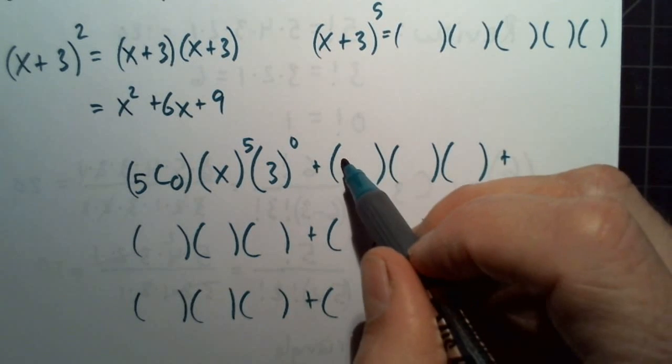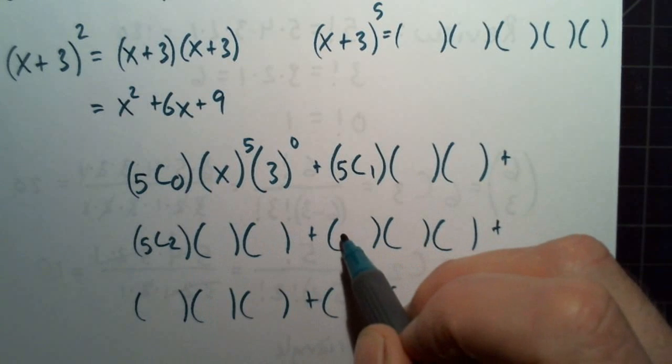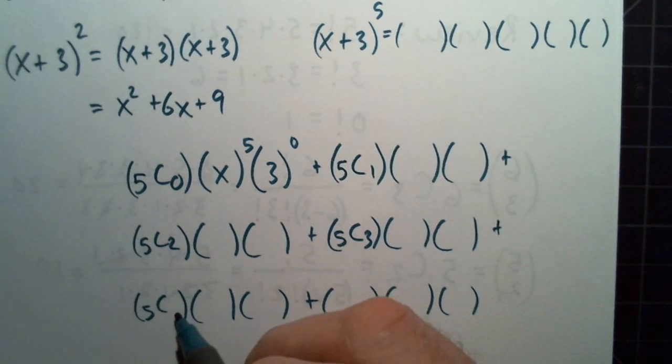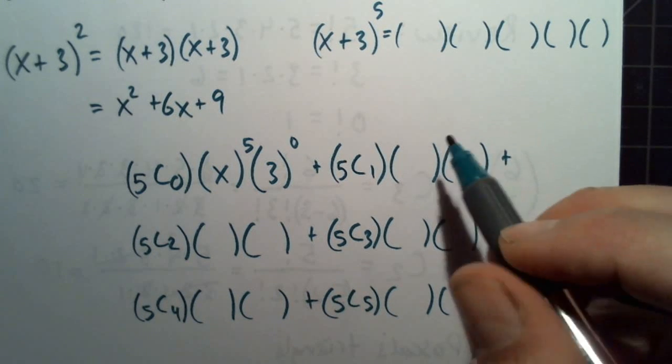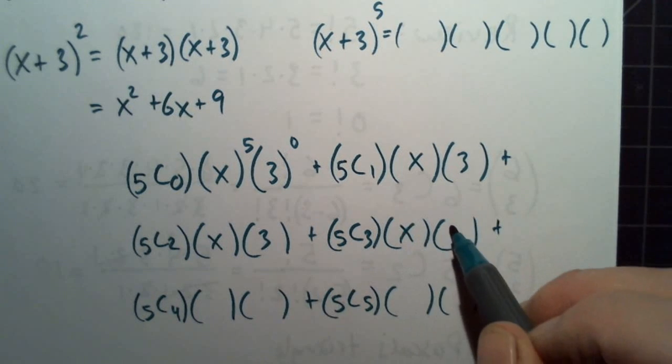So 5 choose 0, and then we'll go 5 choose 1, 5 choose 2, with x and 3 in each term.